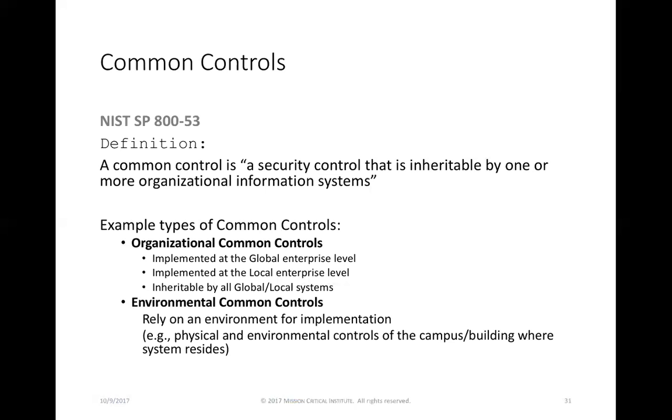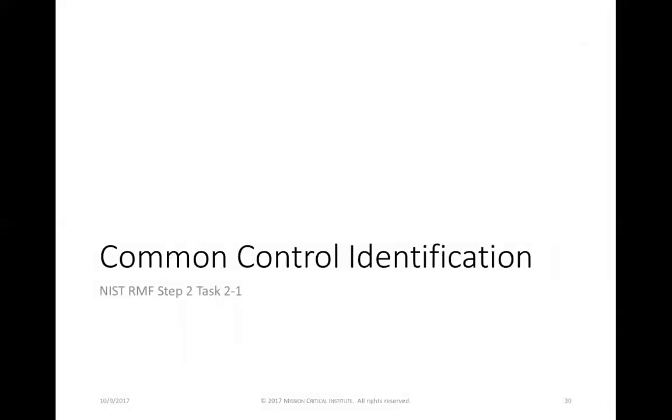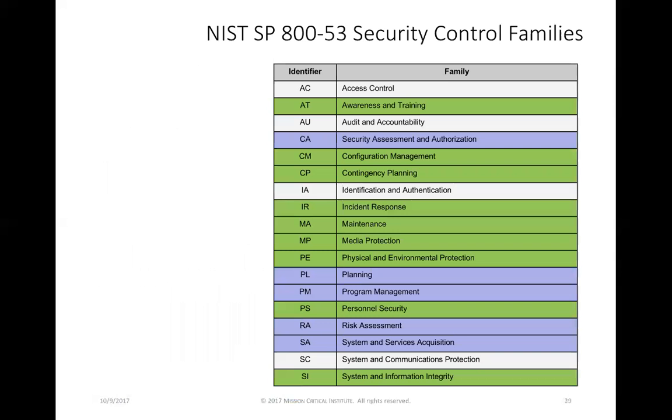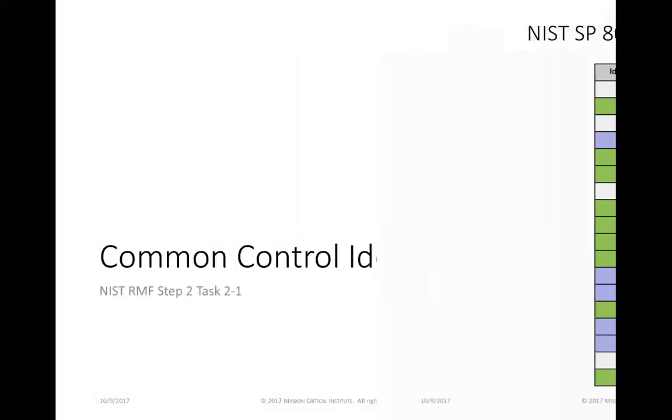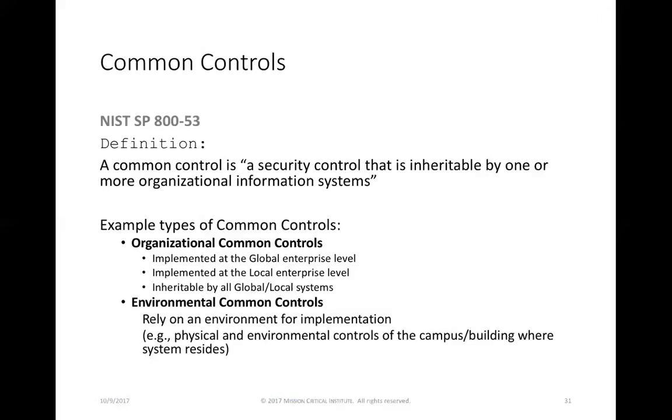So you can use that policy as a common control when you go into, hold on, let me go back here. You see AT here? The second one? Yeah. Awareness and training. So there's a bunch of controls under that you have to answer. If your company, organization, whatever, has a training policy, then you can use that as a common control to answer those questions under that particular control family.